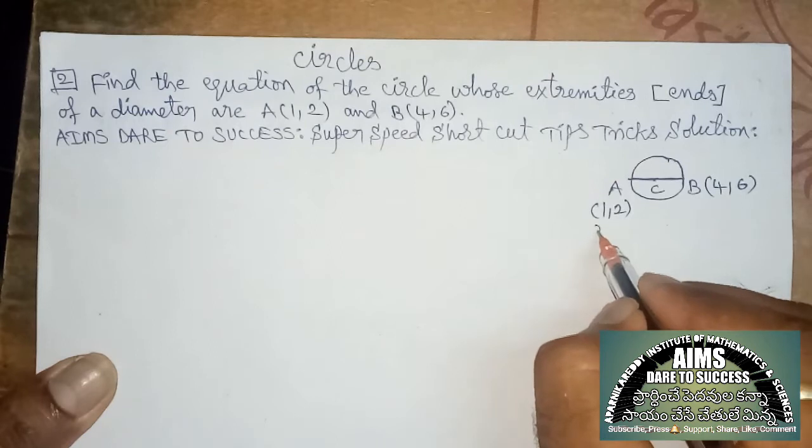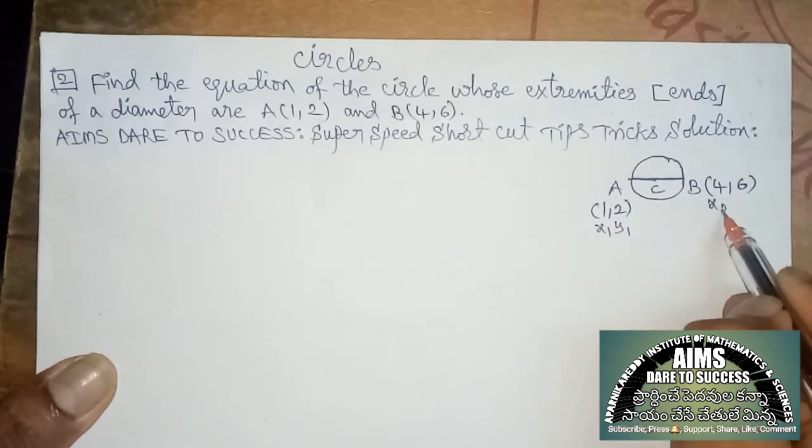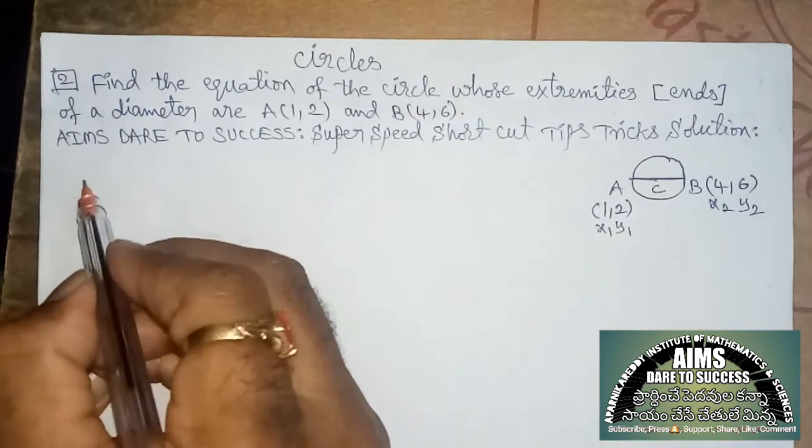A(1, 2), let it be taken as (x1, y1), and B(4, 6), let it be taken as (x2, y2).